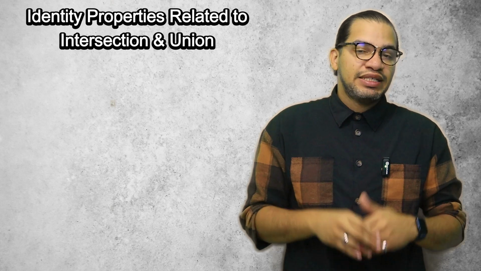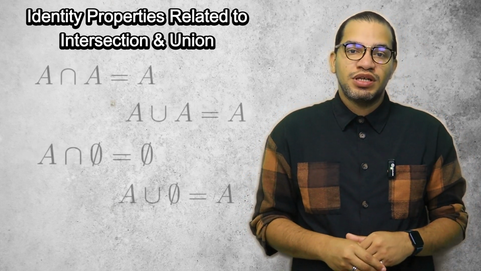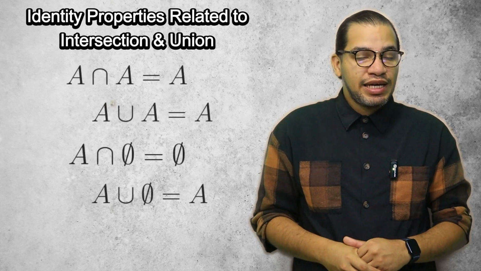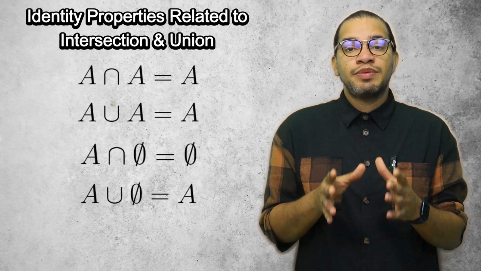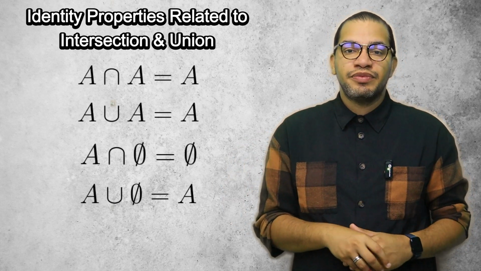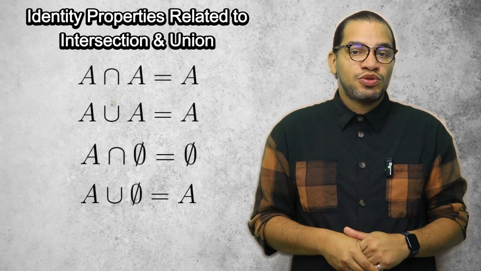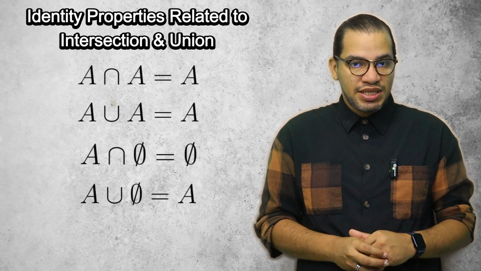Two other important properties related to both the union and the intersection between sets are the identity properties, which are the following. The intersection between A and itself is equal to A. The union between A and itself is equal to A. The intersection between A and the empty set is equal to the empty set.